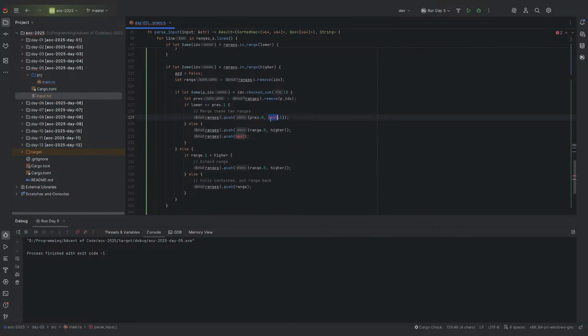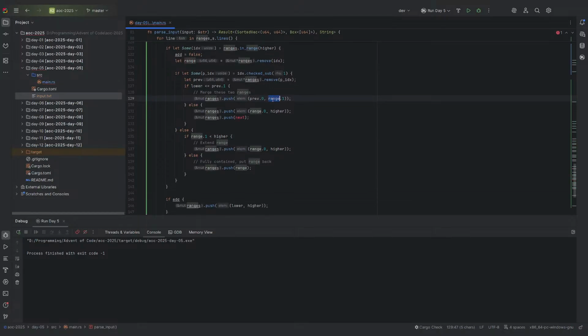Let's actually do this correctly. That's not correct. Also just going to be lower to range of 1. Push these two back in.